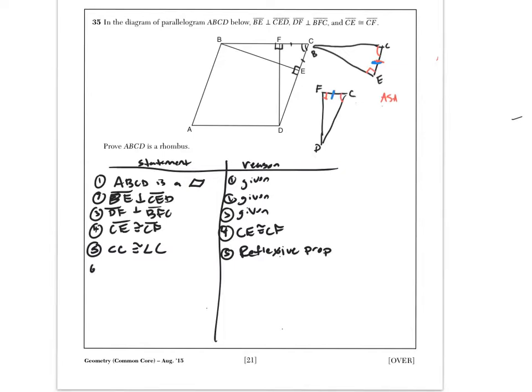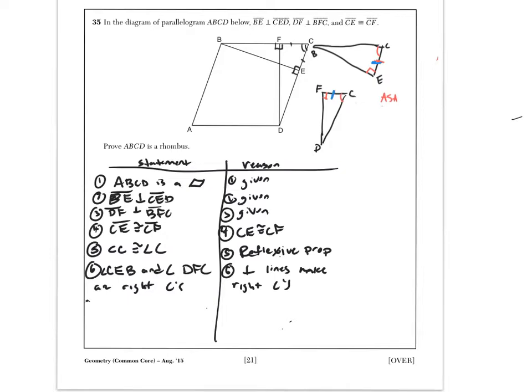Number 6, we're going to do the right angles. Remember, when we have perpendicular lines, we're actually going to do this in 2 steps. First, we're going to state the right angles, and then we're going to state that right angles are congruent. So our first step is to state which 2 angles are right angles. Angle CEB and angle DFC are right angles because perpendicular lines make right angles.